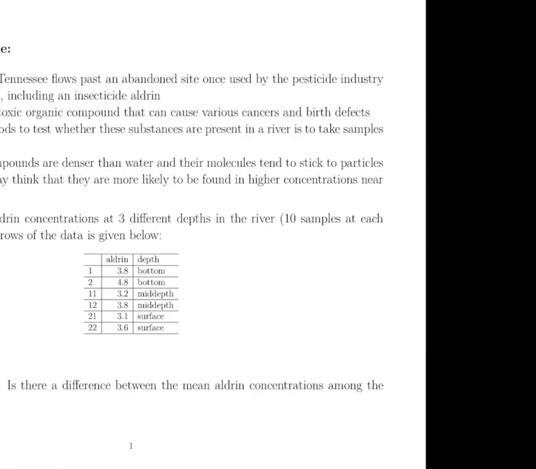There's actually 30 rows in the full data set, but it should allow you to see that we've got the bottom as one grouping, mid-depth, and then the surface. And we're recording the aldrin concentration.